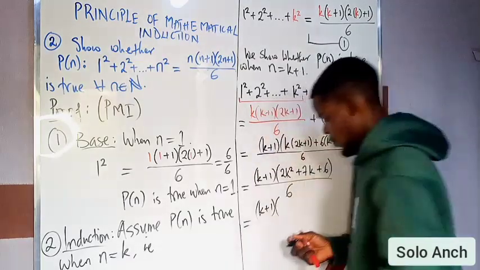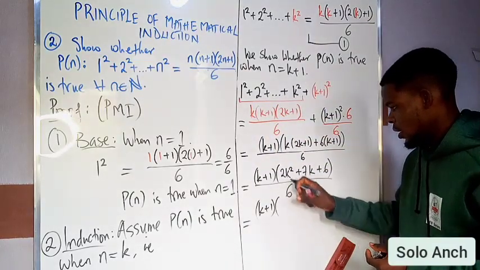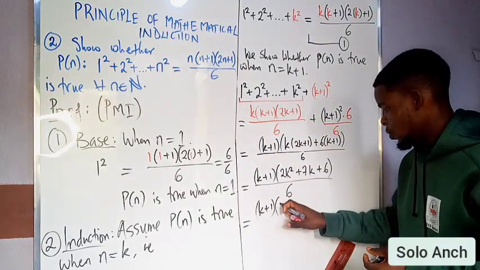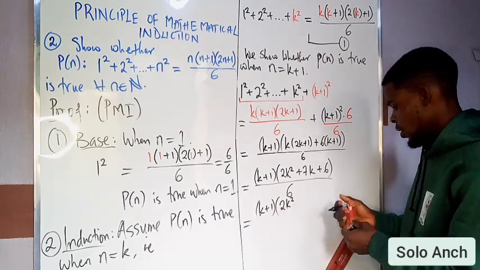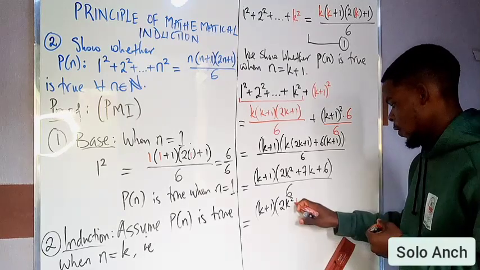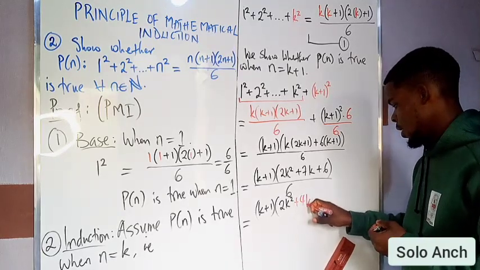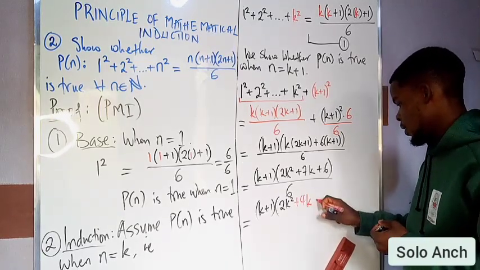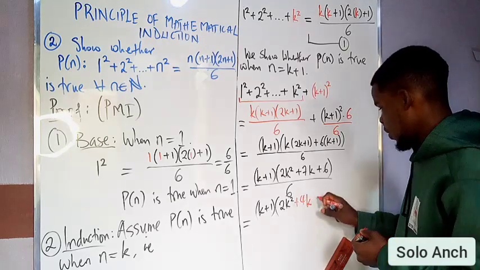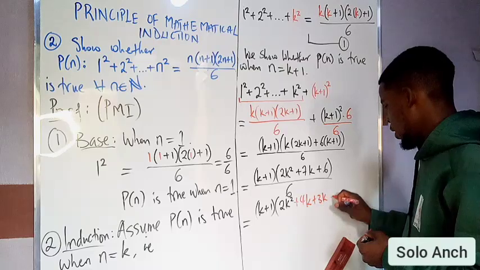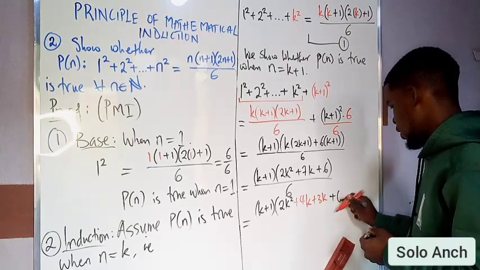So we can write this thing this way. That would be 2k squared, right? We're going to add 4k. We're going to add 3k, and then we are going to add 6 to that.